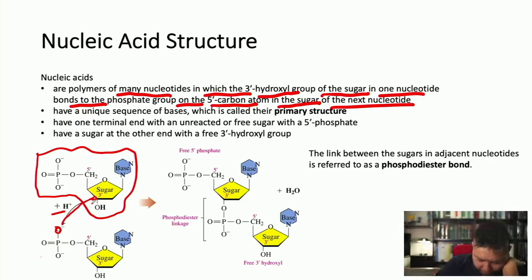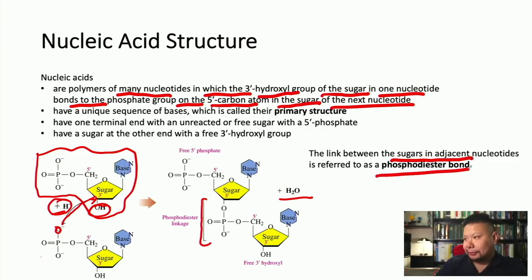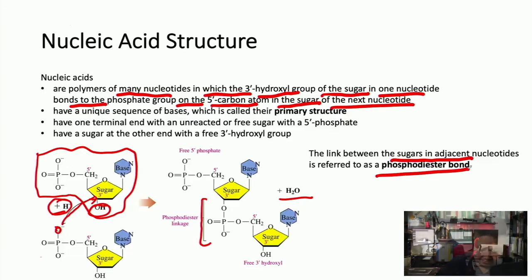You end up making a water from these guys right here, the acid and the hydroxyl that was on the 3' carbon, okay, and then you form an ester right here, the phosphodiester linkage, as I was saying before, right? So the important thing to remember is that the link between the sugars of adjacent nucleotides is called the phosphodiester bond, which I talked about before already. Remember that.